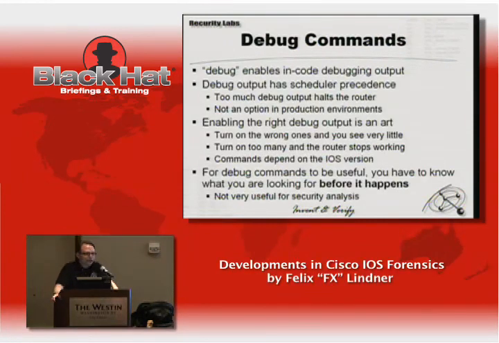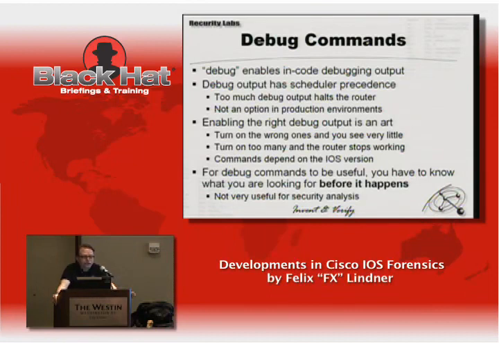And then you have debug commands. Debug commands essentially enable verbose mode in different parts of the code. Now, I mentioned the code is kind of huge-ish. So you have a debug command for pretty much every single function or group of C functions that they run through.